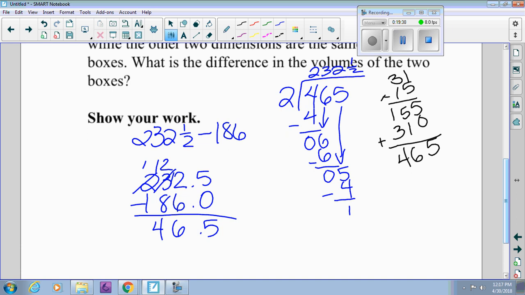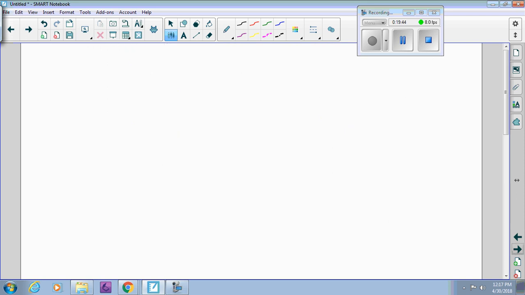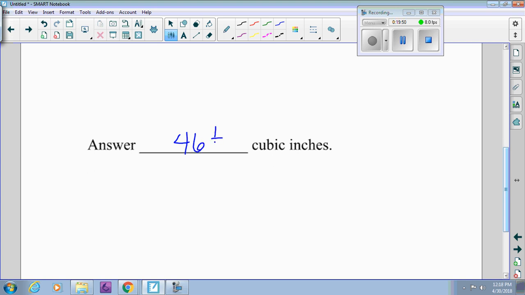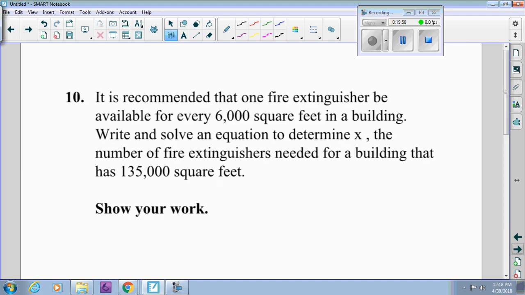So it is 46.5. Is there a line for you to write this one on? 46.5, or you could also write 46.5 cubic inches. That's how much bigger the large box is than the smaller box.